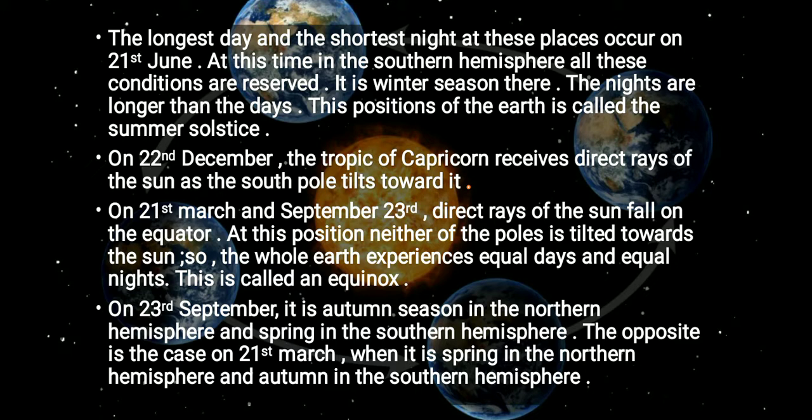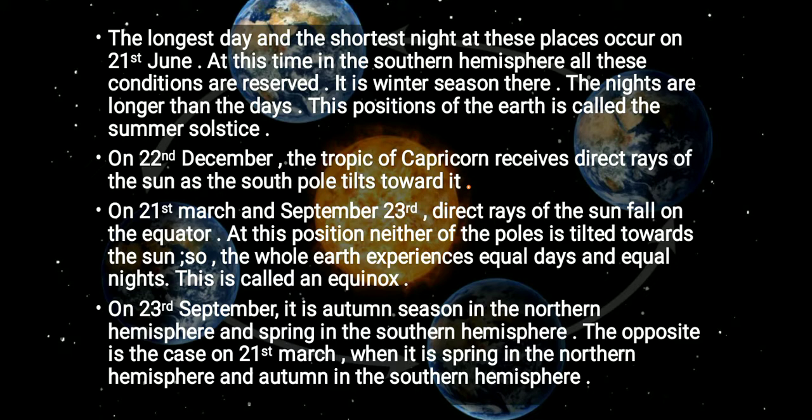On 23rd September, it is autumn season in the northern hemisphere. Why and how? Because as we saw, in the months of May and June we had summer season. So definitely after summer the rainy season comes, and then in the month of September we will experience autumn season.